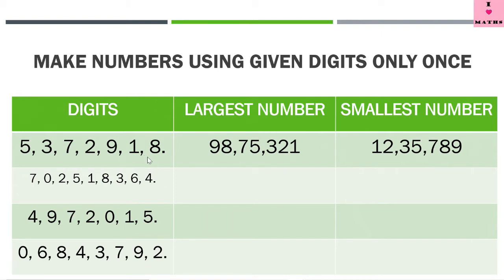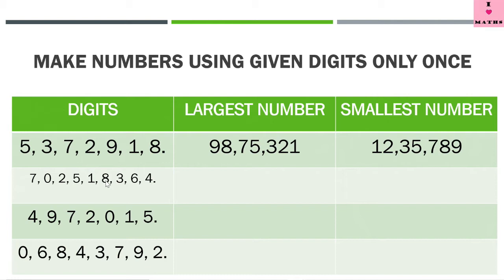Okay, let's move further. We have been given this set of digits also. So let us make the largest number with these digits. Okay, so we can see that the biggest digit amongst these digits is 8.